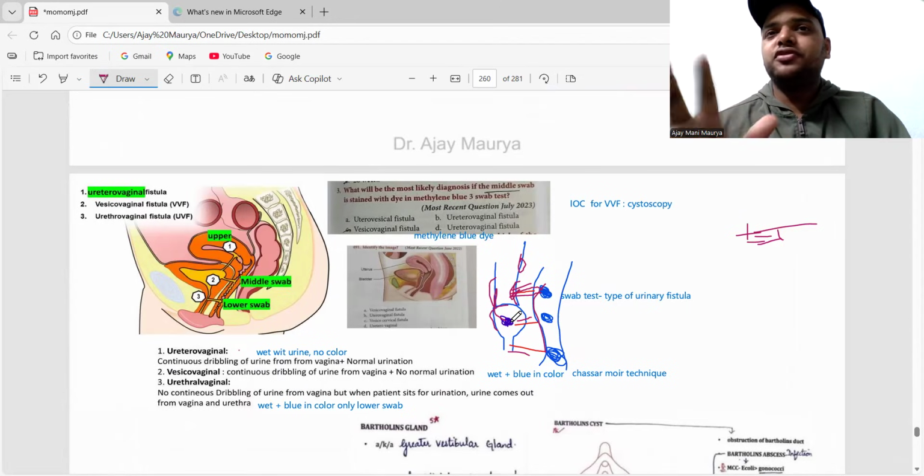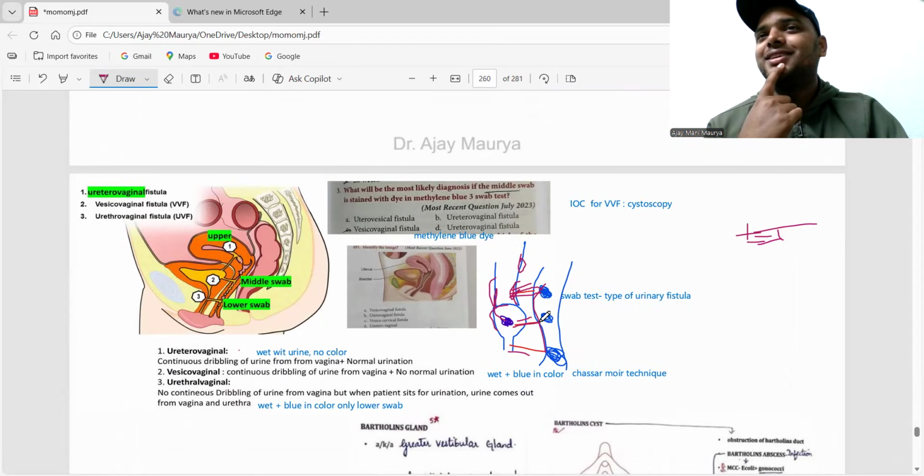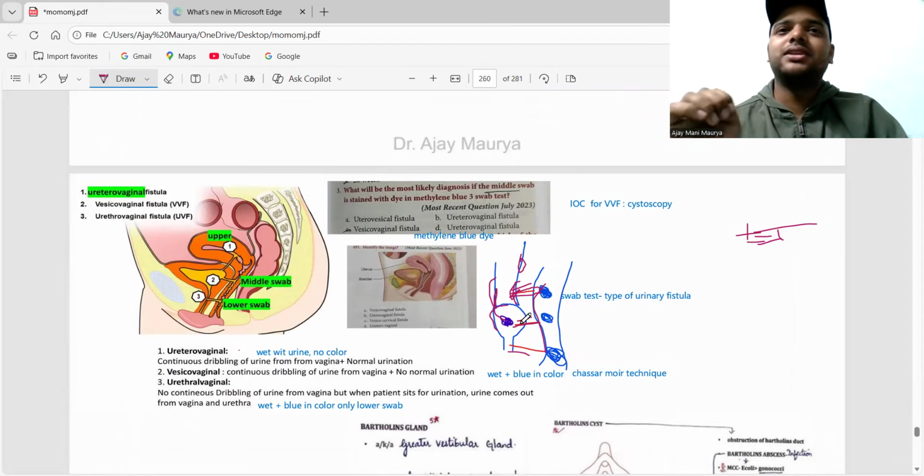Next, now coming to here, listen carefully. If there is a fistula between the bladder and the vagina, what happens? All the urine from the bladder is going to the vagina, isn't it? So there is wetness, a continuous dribbling.